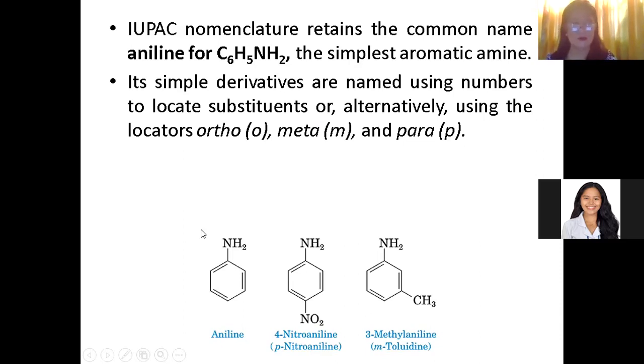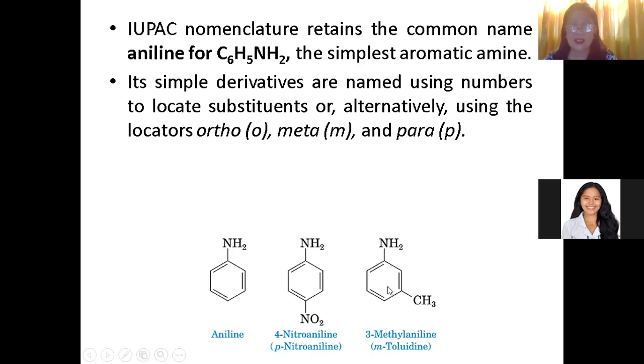So for instance, this is aniline. Then here, we have the aniline as your parent ring, and we have a nitro. You give the number of your nitro, that is 4-nitroaniline, or you can have it as para-nitroaniline.